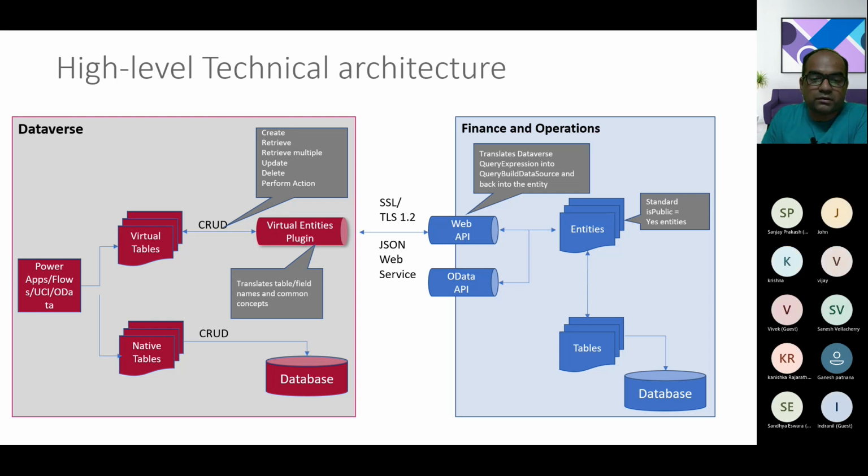Think about a scenario where you have a couple of methods for create, update, and delete at the table level in the finance and operations app. The whole activity gets executed automatically as and when the virtual entity plugin is initiated from the Dataverse perspective, and all this happens at runtime when you execute it from Power Apps or from a customer engagement app perspective.